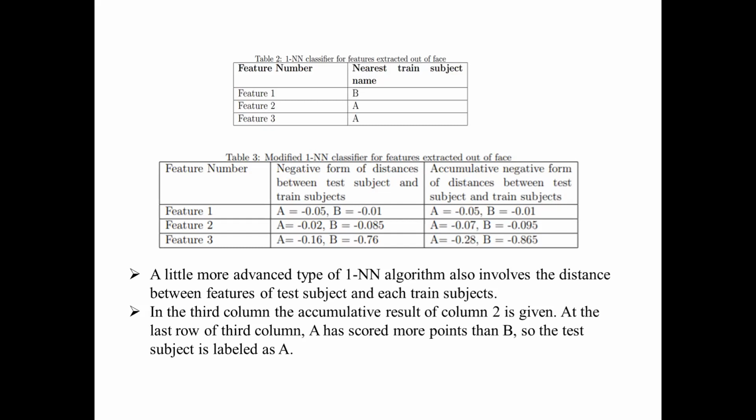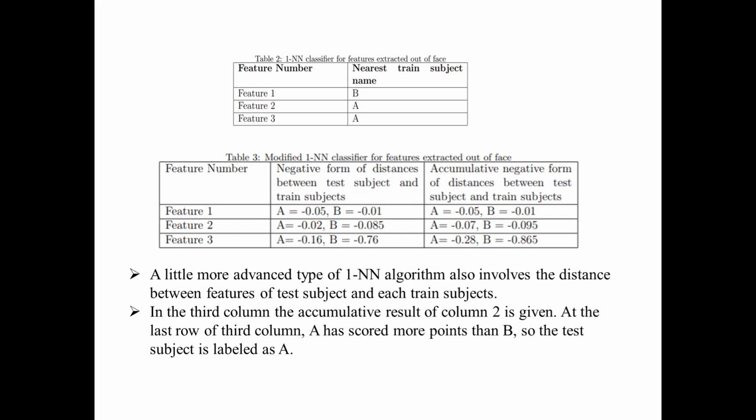Later on, we apply the most advanced type of 1NN algorithm, which involves a distance between the features of the test subject and each train subject. In the table, we have three features, feature 1, feature 2, and feature 3, which tell us about the negative form of distances between the test subject and train subject.